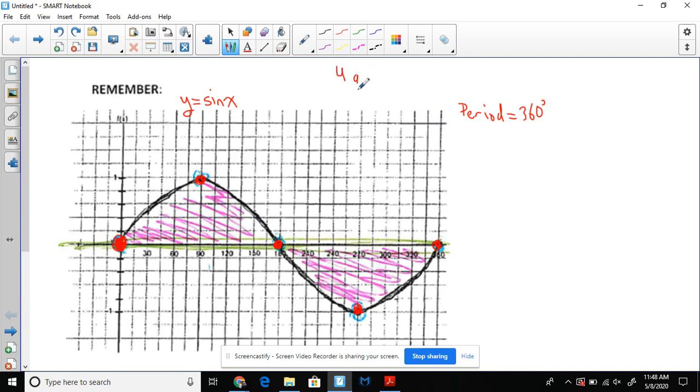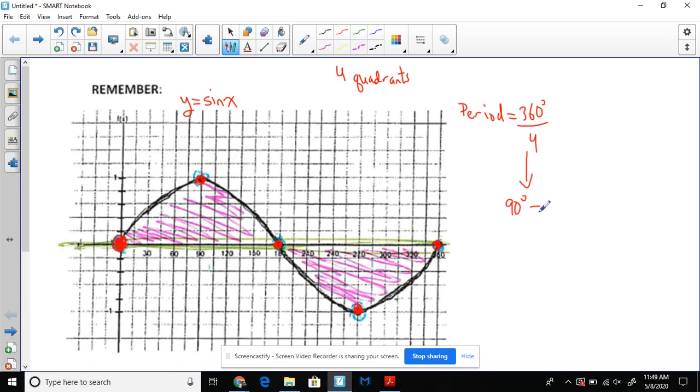We have 4 quadrants. So it would make sense that my graph is divided into 4 equal chunks. If I divide 360 by 4, I get 90.